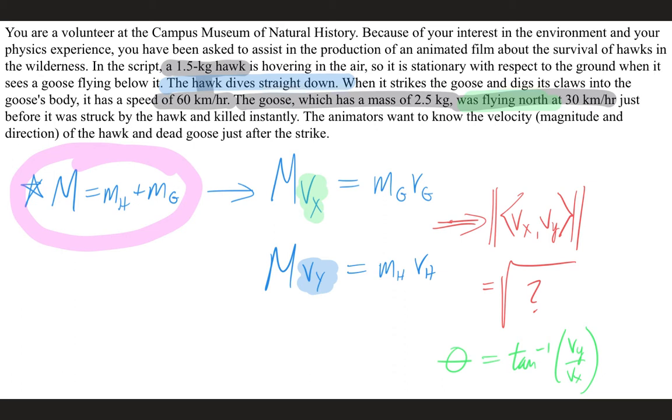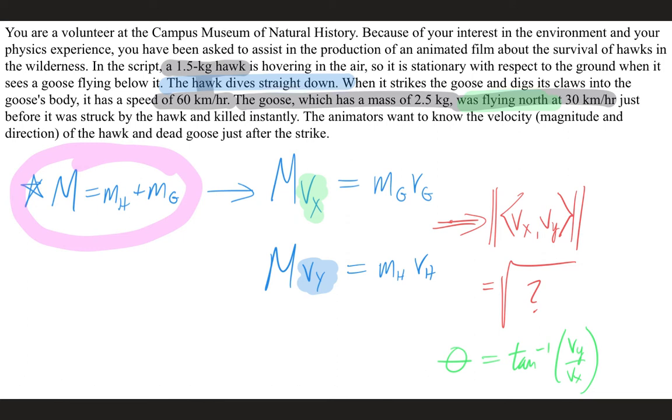So initially, they're two separate mass systems. Finally, they're one mass system. And I'm going to need to account for that. And so I can define a variable, or I could just say mh plus mg times each one of those.